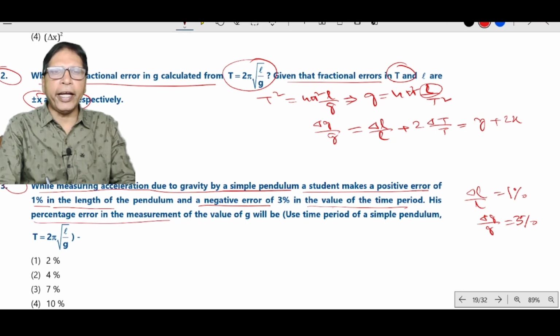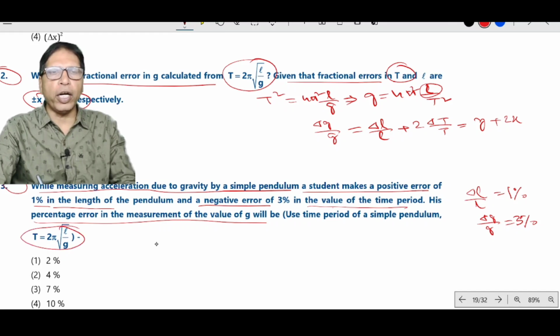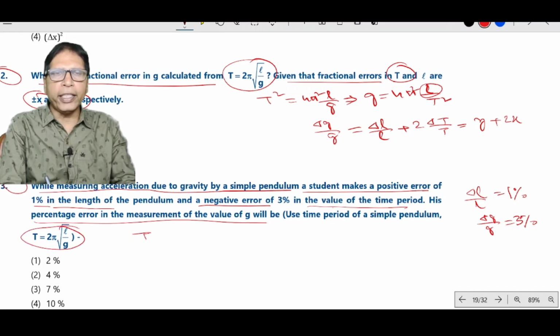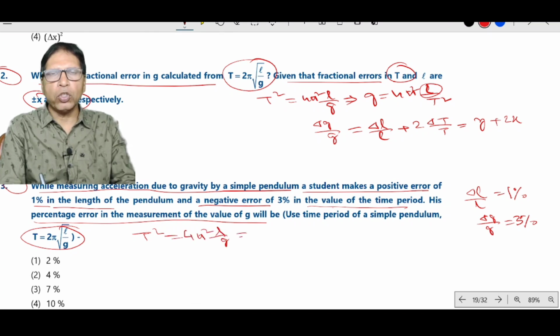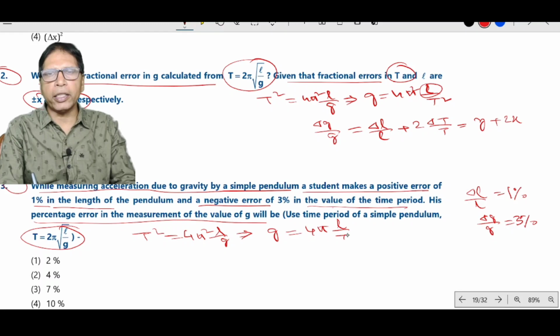His percentage error in the measurement of the value of g will be, look at this here, T equals 2 pi root under L by g. So from here you can get T square equals 4 pi square L by g, so g equals 4 pi square L by T square.